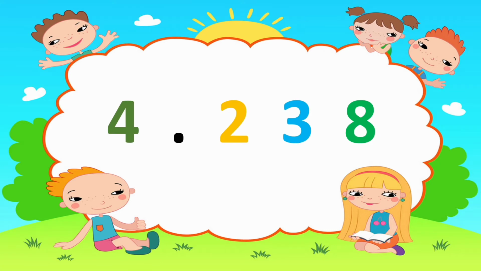So I'm just going to recap this part. So we have 4.238. The number 8 is in thousandths place. The number 3 is in hundredths place. The number 2 is in tenths place.